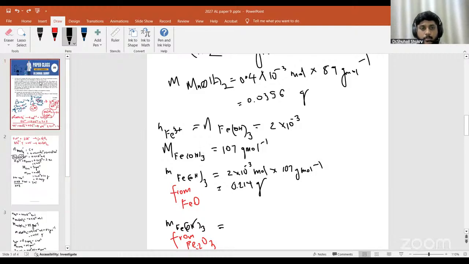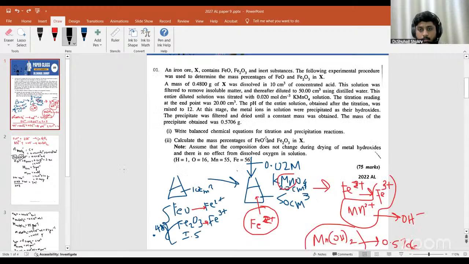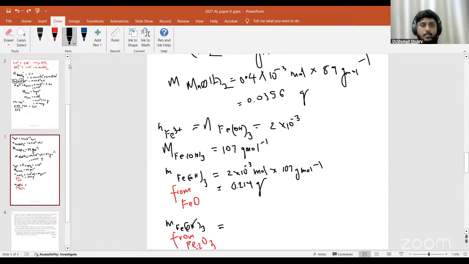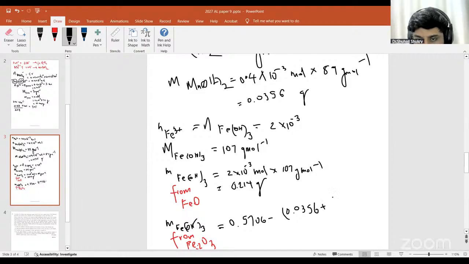What is the total mass of hydroxide? 0.5706. From 0.5706, minus 0.0356 plus 0.21.